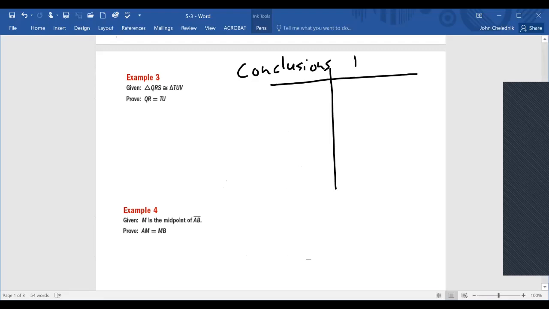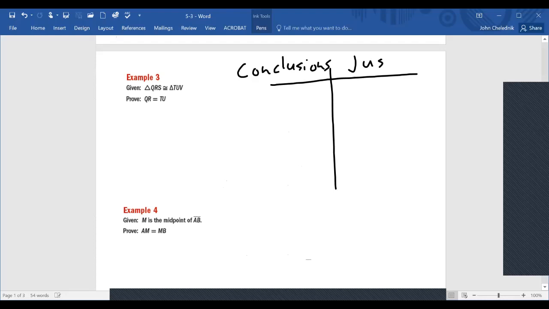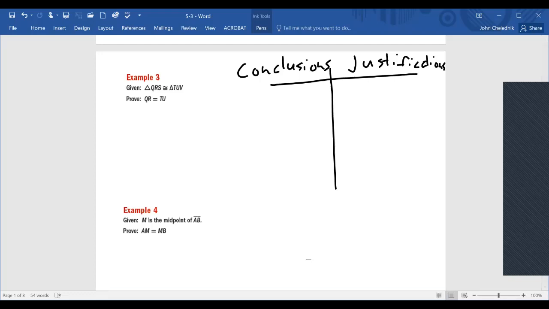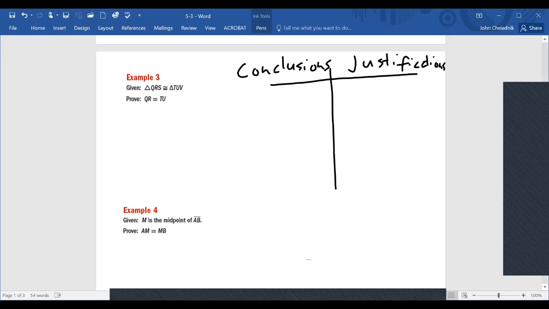On the right side, we're going to have to justify with justifications everything that we conclude. So if you say something is true, you have to tell why it's true or how you know it is true. That's what's going to go on the right side, how we know it's true. We're going to justify every conclusion that we make.